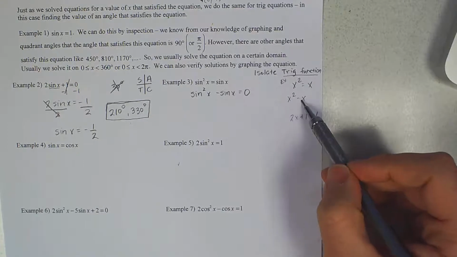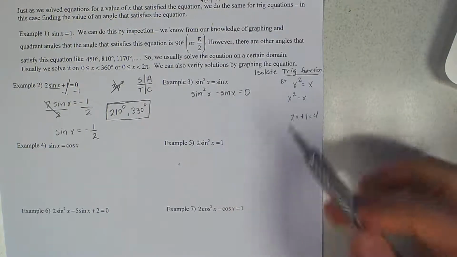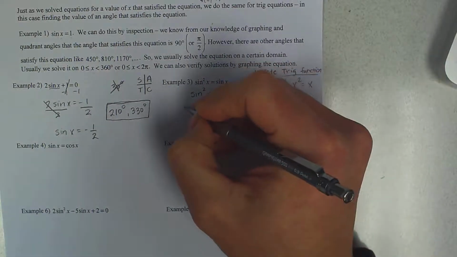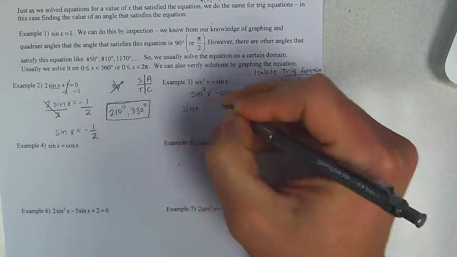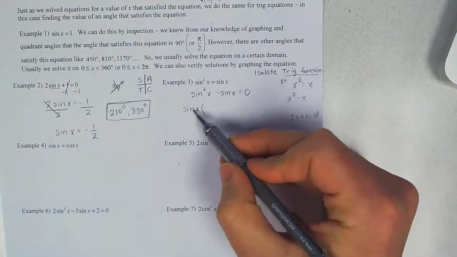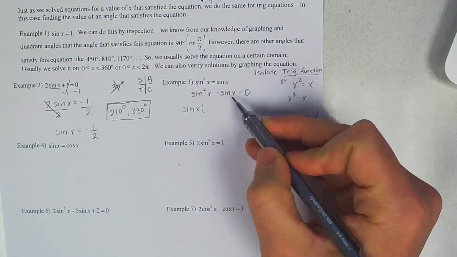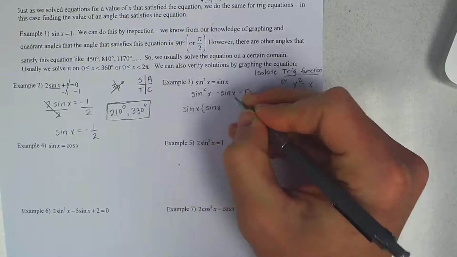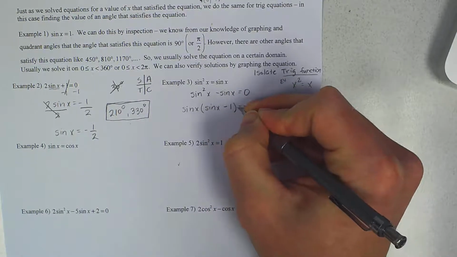But what we would do from here and also from here is we want to factor something out. So we can factor a sine x out. And when I factor a sine x out of sine squared x minus sine x, I would be left with sine x minus 1 is equal to 0.